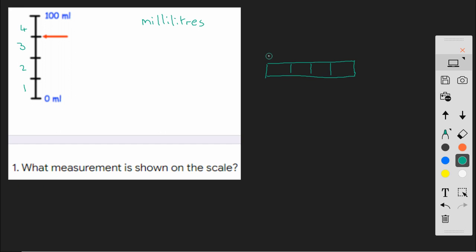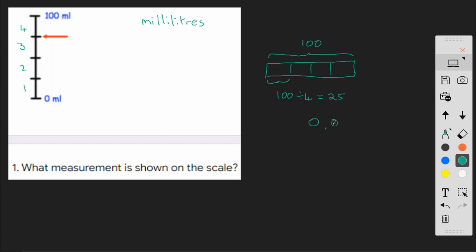And so if this whole distance here represents 100, and on our diagram we see it does from 0 to 100, then each of these spaces here must be 100 divided by 4, which equals 25. So what we find is that we're actually going up in 25s.